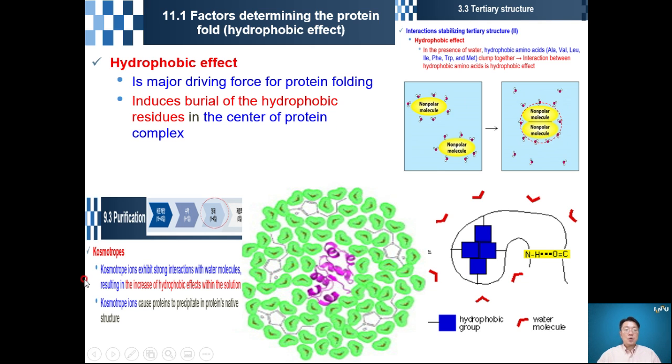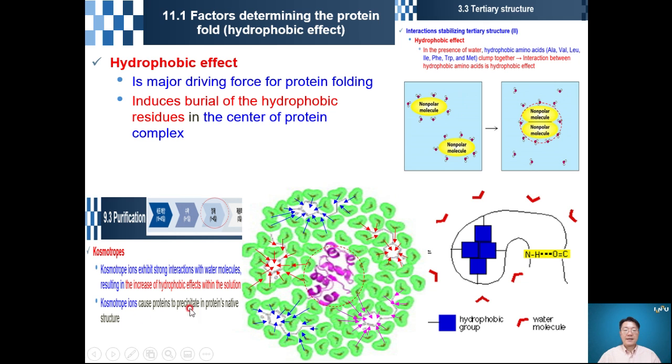And also when we learned about cosmotropes, this is a cosmotropic ion. Cosmotropic ions usually exhibit strong interaction with water molecules, resulting in an increase of the hydrophobic effect within the solution.